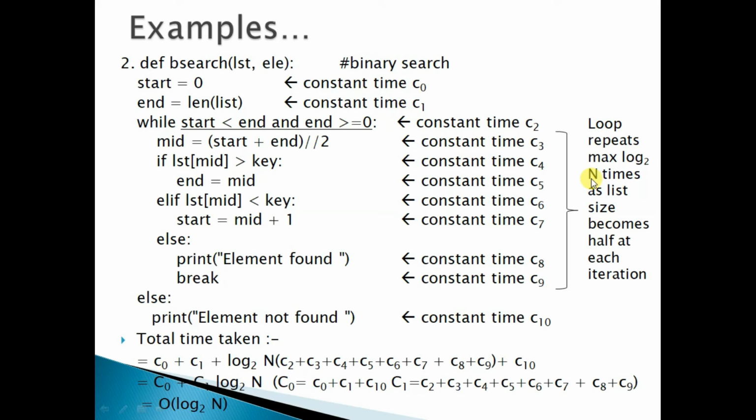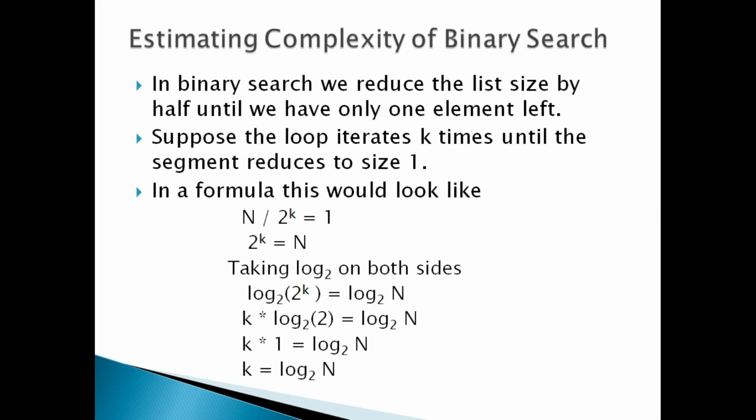And how have we assumed this? It depends on this equation, because we have a total size of n elements. It requires k iterations. In each iteration we are reducing the size by half. So to reach just one element we require k steps.